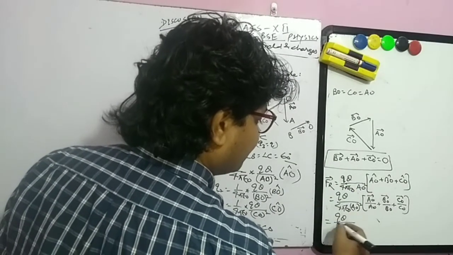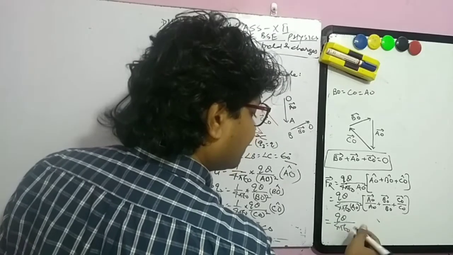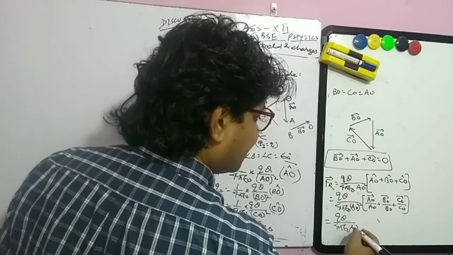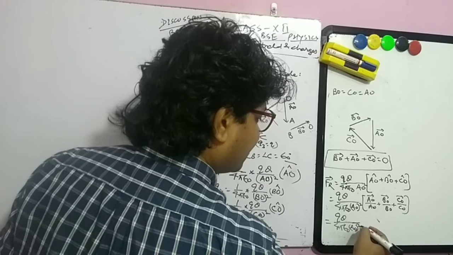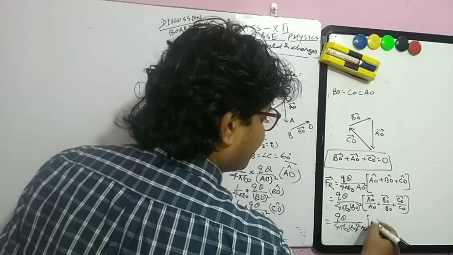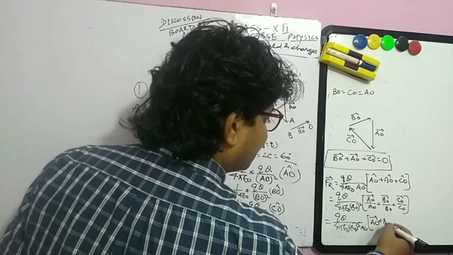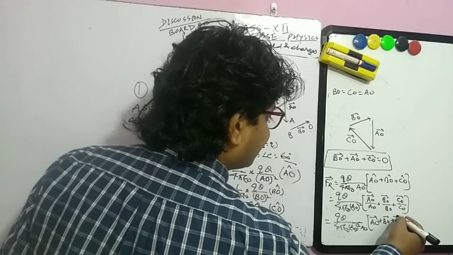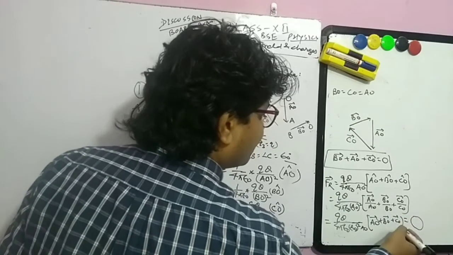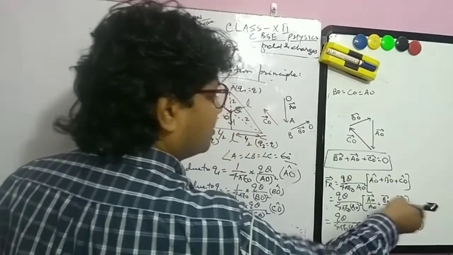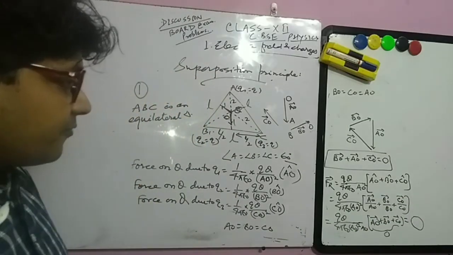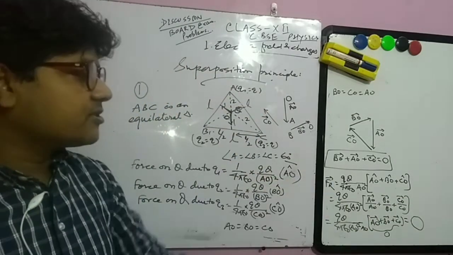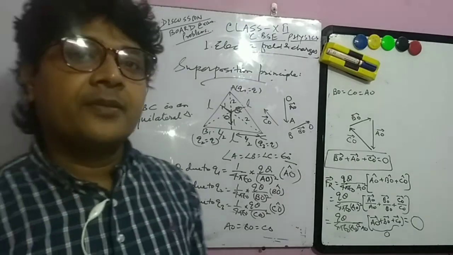So Q upon 4 pi epsilon naught, and this is AO square into AO. So what we are getting here is AO vector and BO vector and CO vector, and this will be equal to 0. So the resultant force we are getting is equal to 0.